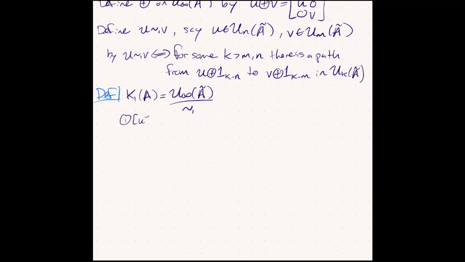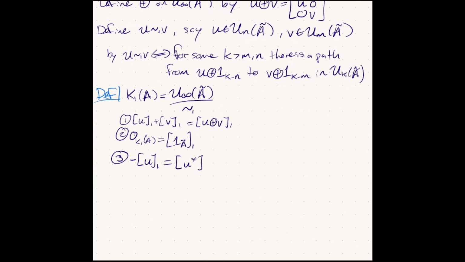So addition is coming from this direct sum. The 0 element in K1 of A is the class of the unit in A tilde. And inverses are given by the equivalence class of the adjoint. Okay, and so that's kind of the group structure there.